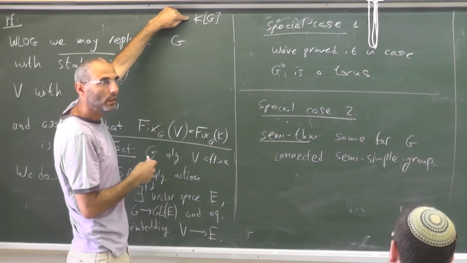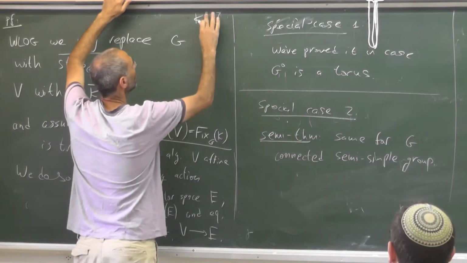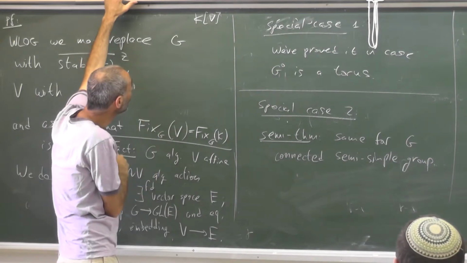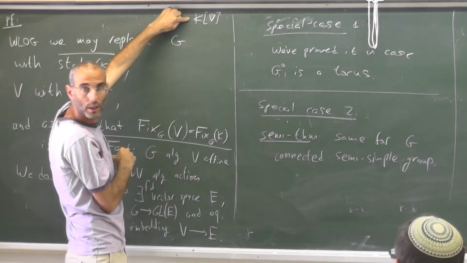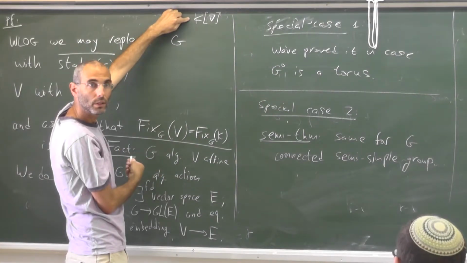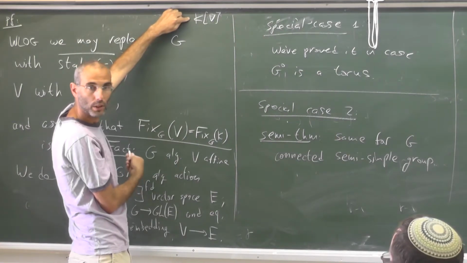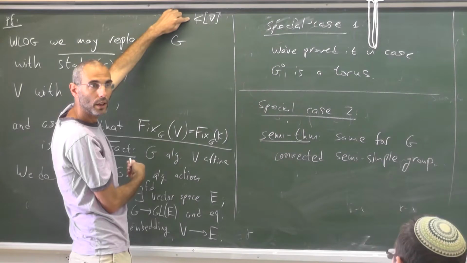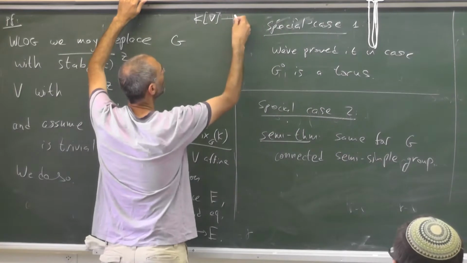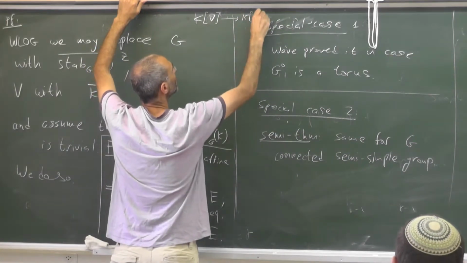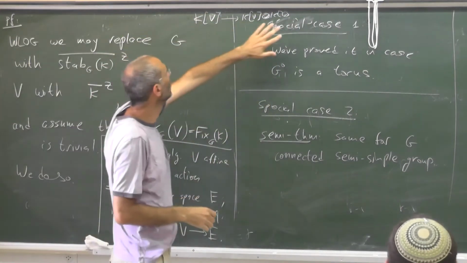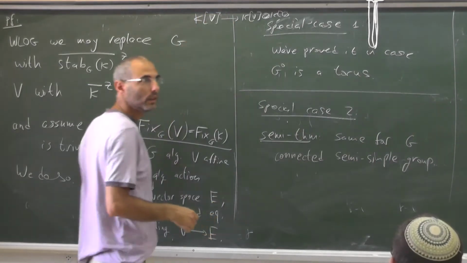Inside K[V], G acts on K[V], so this is some infinite dimensional vector space on which G acts, but it's locally finite as a G representation. Every finite dimensional subspace is contained in a finite dimensional G-invariant subrepresentation. Why is that? Basically, because we have this action map, K[V] to K[G] tensor K[V], and we use finite generation. Well, it's very basic, and I'm not reviewing that one.